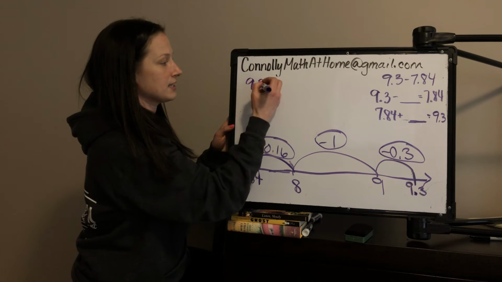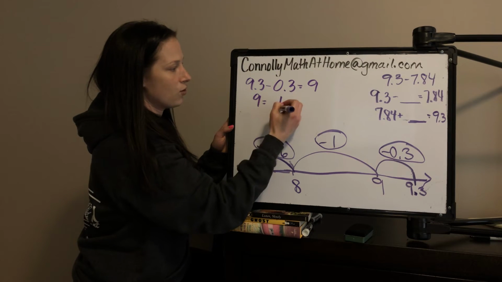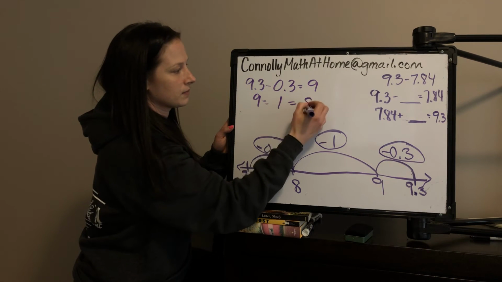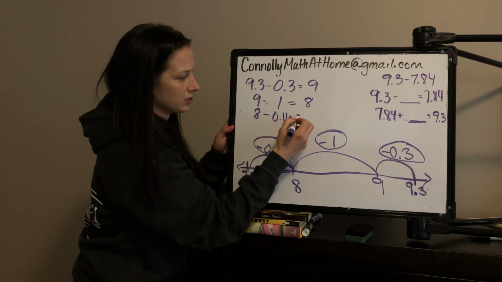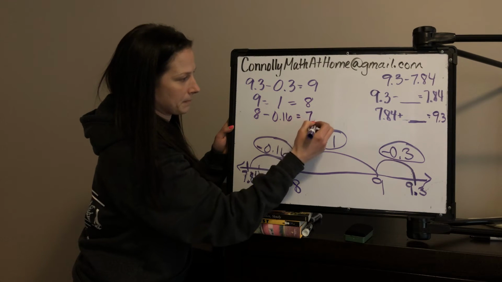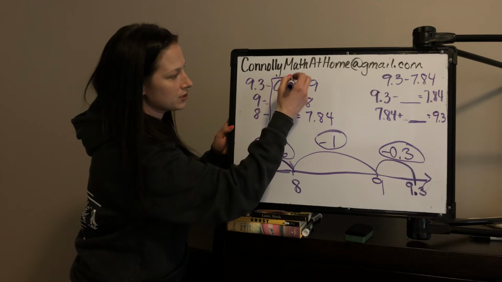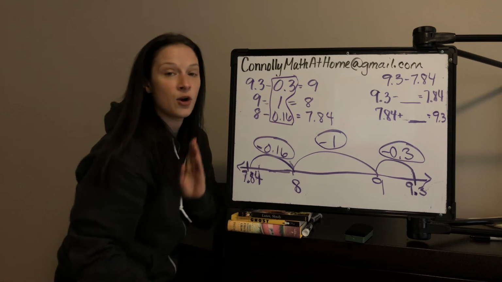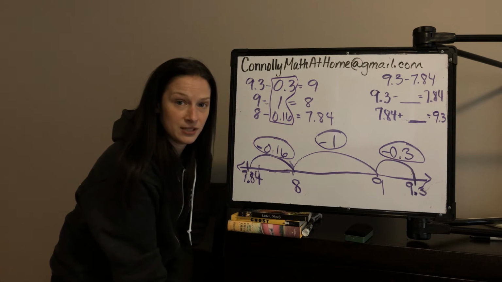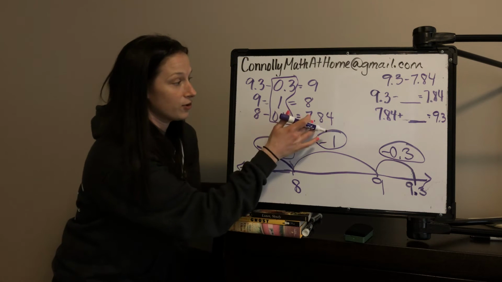So I subtracted 3 tenths, I subtracted a whole, and I subtracted 16 hundredths. So how much, here's where your answer is in the strategy, up here or right here. When we combine those, how far away is 9 3/10 from 7 and 84/100?